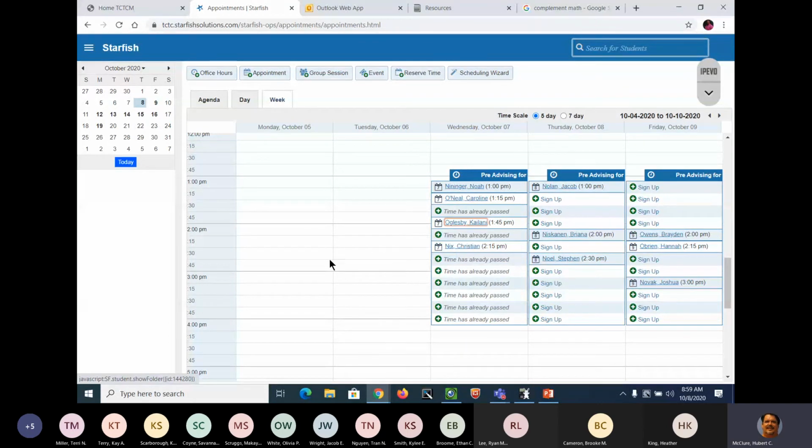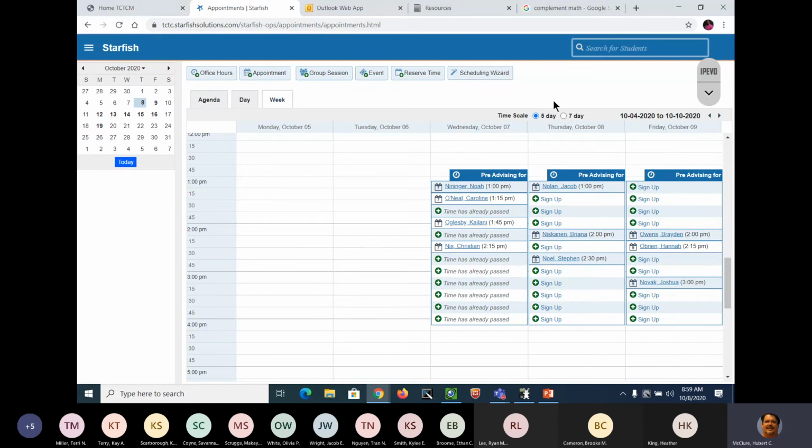Now, your advisor calendar is linked to your Starfish. So when you log on to Starfish, you should know who your advisor is. I don't know how it works, but it does, because these students have been able to sign up with me, so I know it works. All right? So that's that.